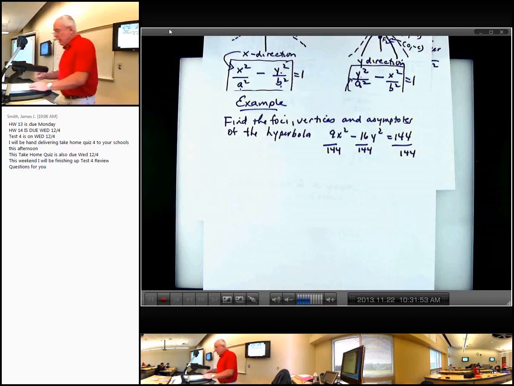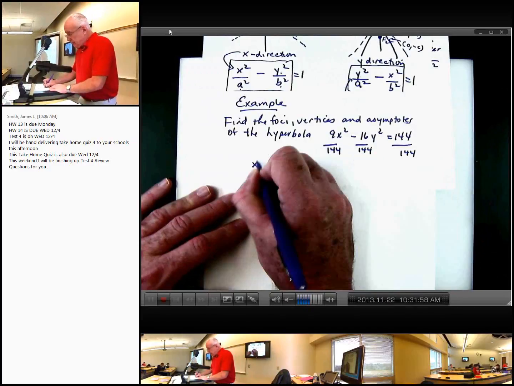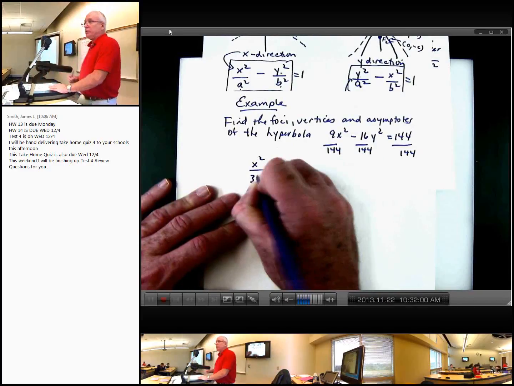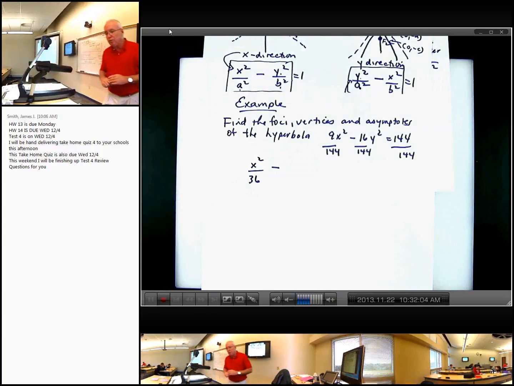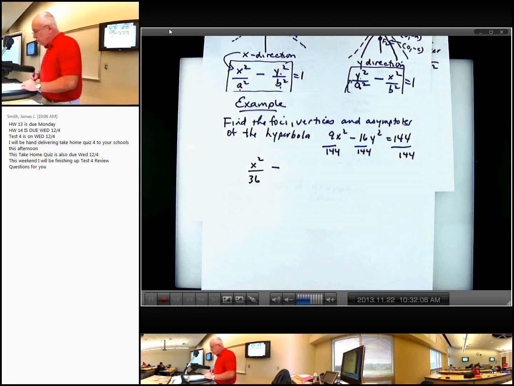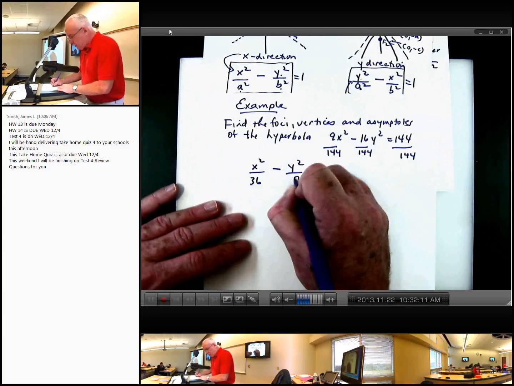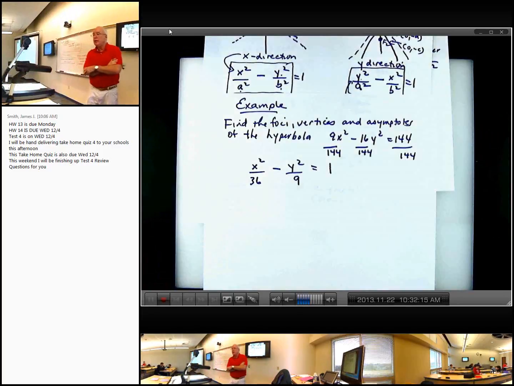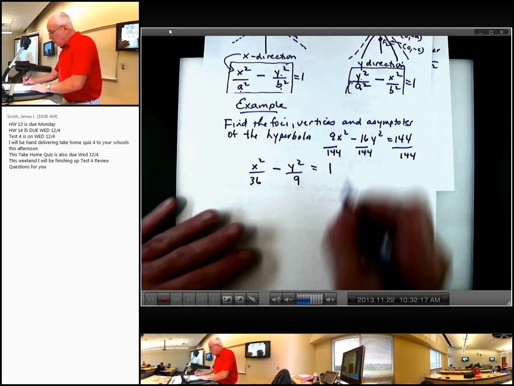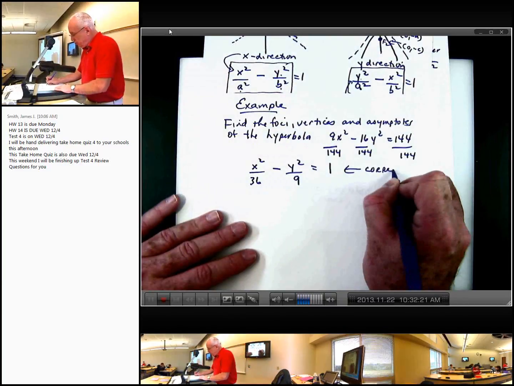Okay. Now, 9 into 144 you find is equal to a nice 36. Minus 16 into 144 is equal to 9. So that's minus y squared over 9. And then, of course, that's 1 on the other side. Now this is in the form we can work with, the correct form.